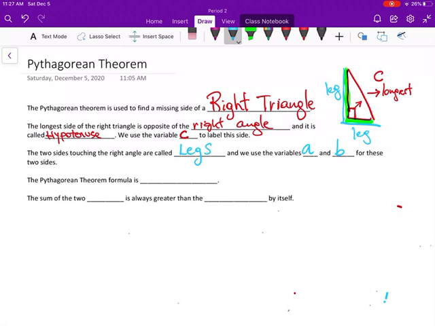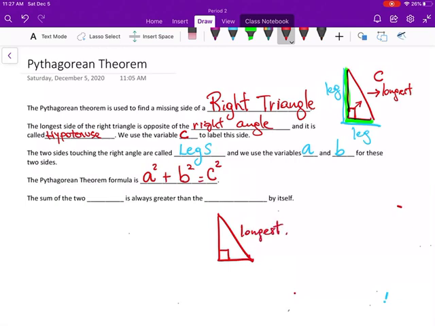All right, so the Pythagorean theorem formula is A squared plus B squared equals C squared. Now, there's also something I want you to remember. As we know, this is the longest side, right?